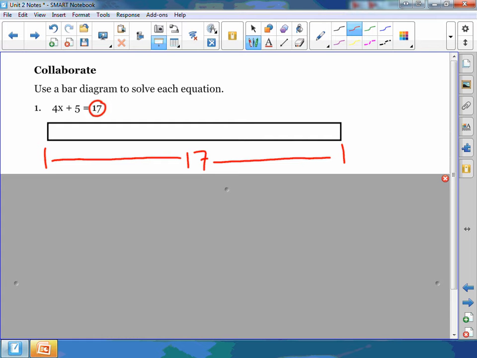How many parts do you think, Cameron? 5 parts. Why 5, Cameron? Yeah, so let's go 1, 2, 3, 4, 5. She said we're going to need 4 x's, and then you're going to need a 5. So that 4x plus 5 is equivalent to 17.